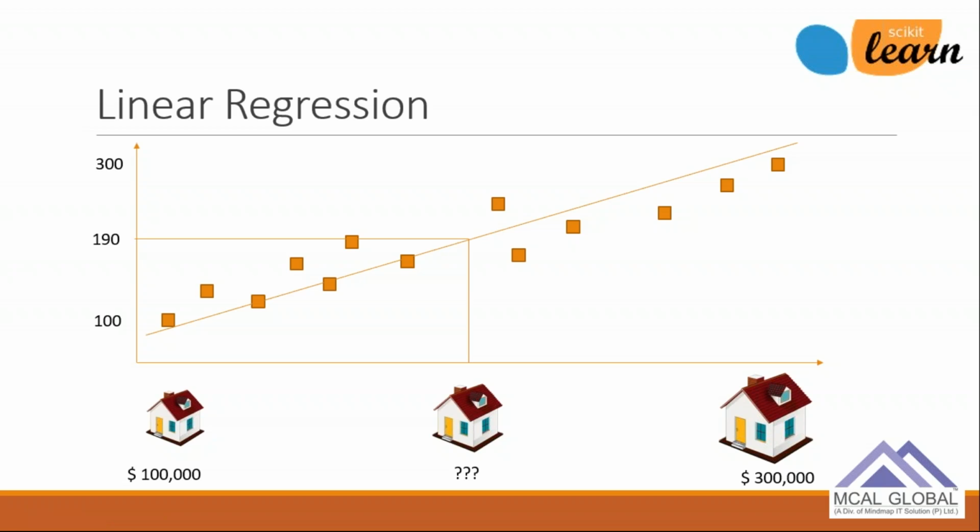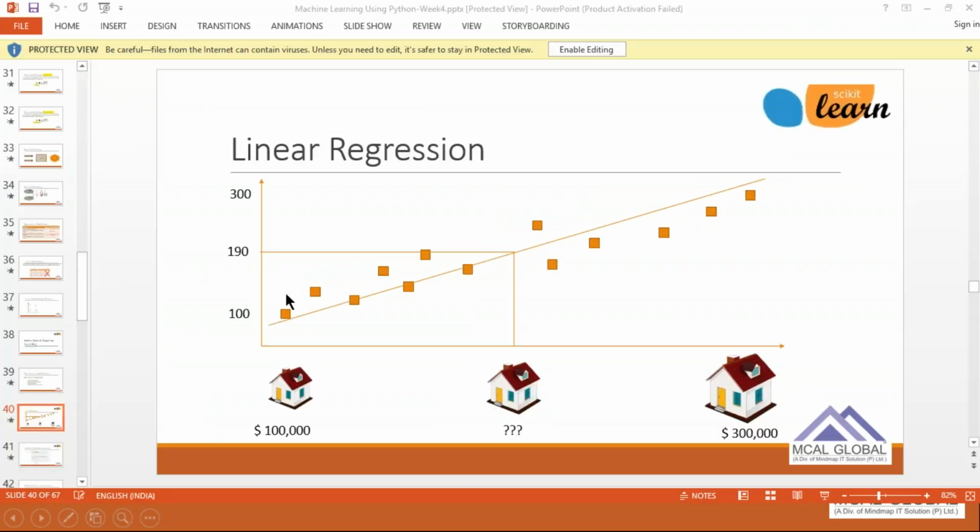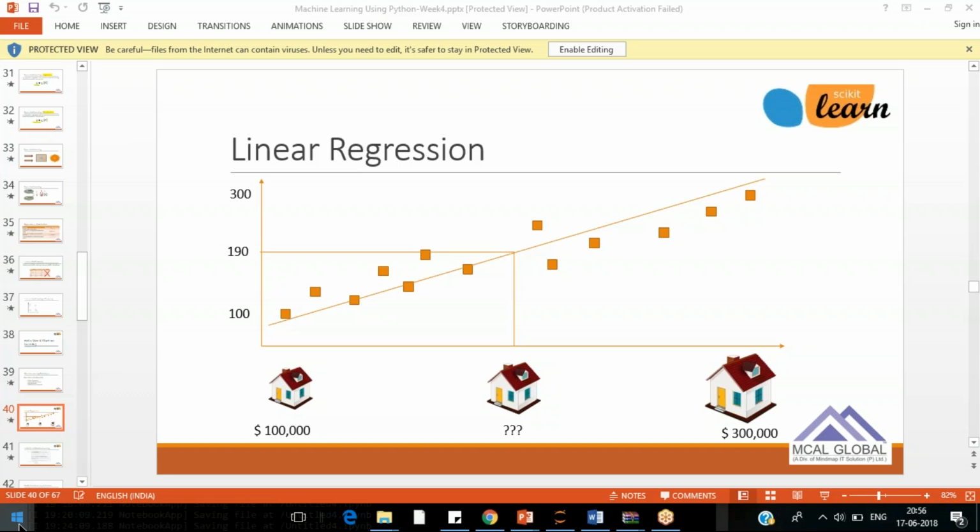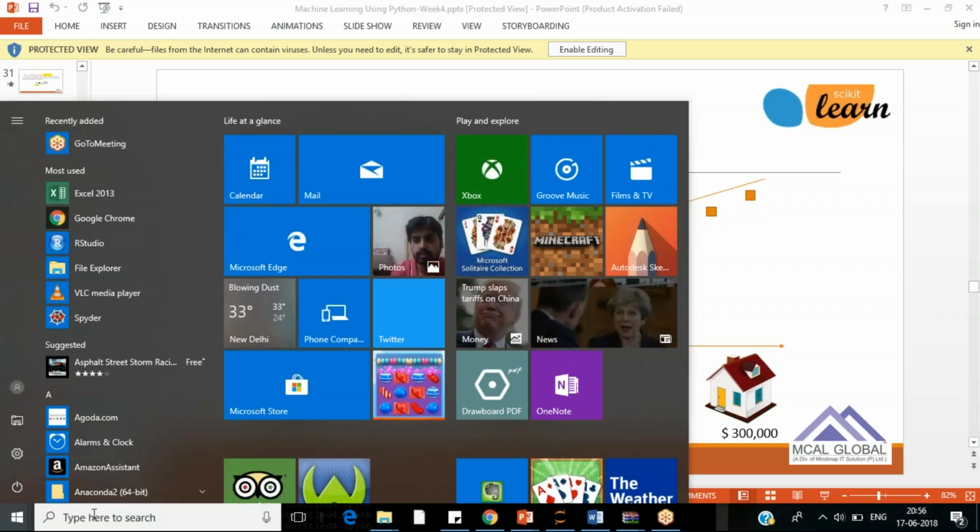Sunil, you are asking something? Yeah. Could you write this equation somewhere so that we can see? Okay, I'll write this. Yeah, linear regression, that's clear. y equal to ax plus b.